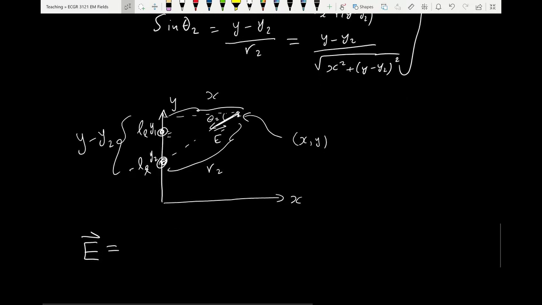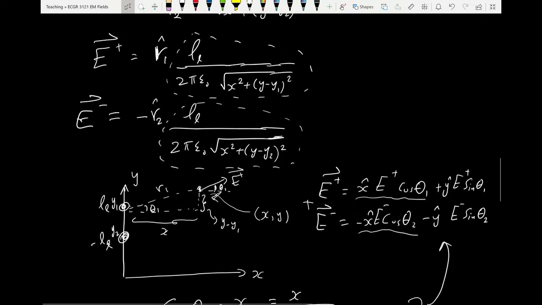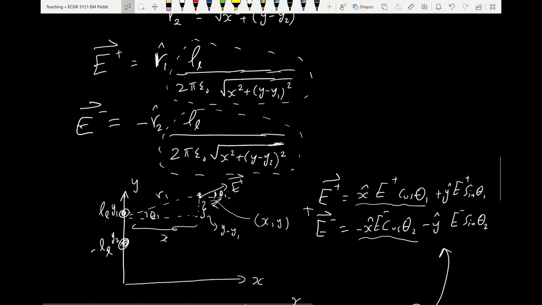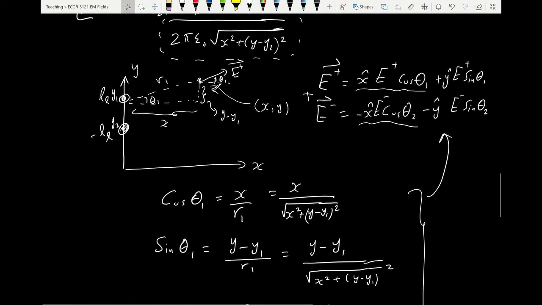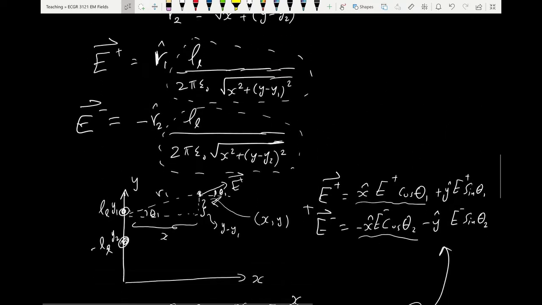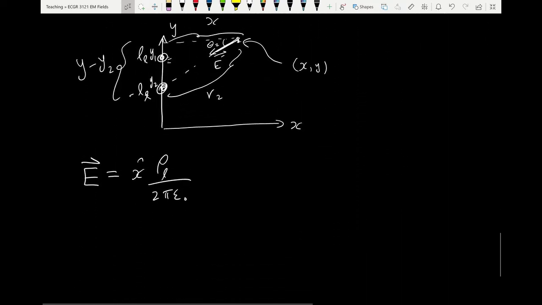So this is the x hat component: rho L over 2 pi epsilon naught, and then there is this square root times cosine theta 1, which is x over the square root. The square root cancels with the square root, and I end up with x over x squared plus y minus y1 squared, right?